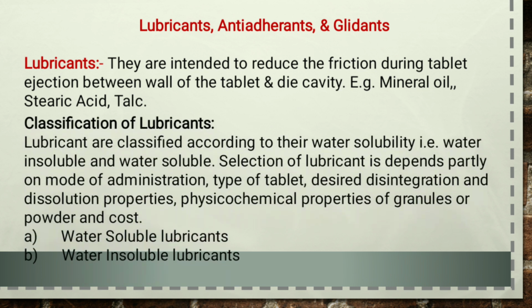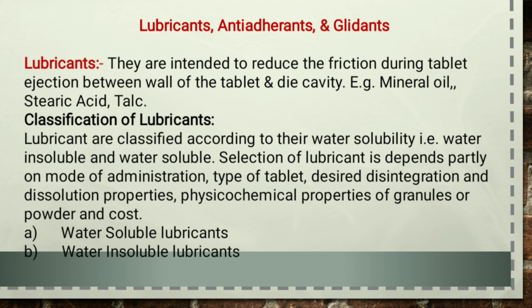Then lubricants are classified depending upon their water solubility, that is, either they are water insoluble or they are water soluble. Selection of lubricant is dependent partly on mode of administration, type of tablet, desired disintegration and dissolution properties, physicochemical properties of granules or powder, and ultimately cost.